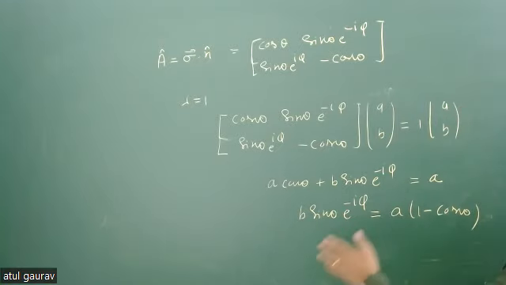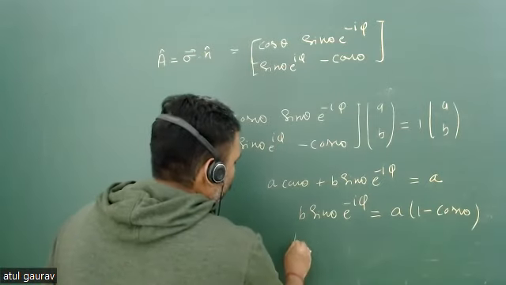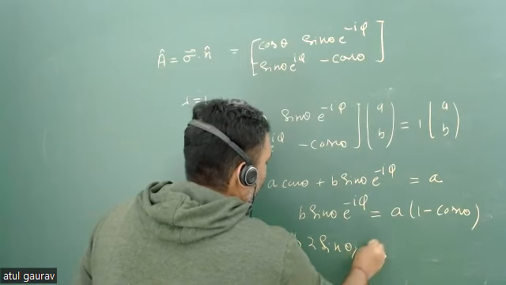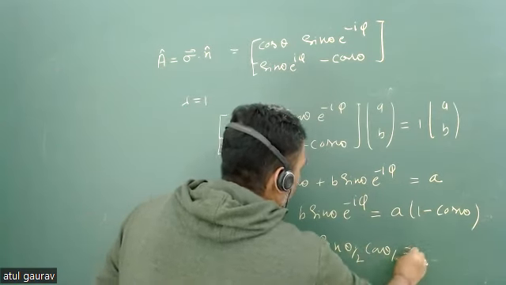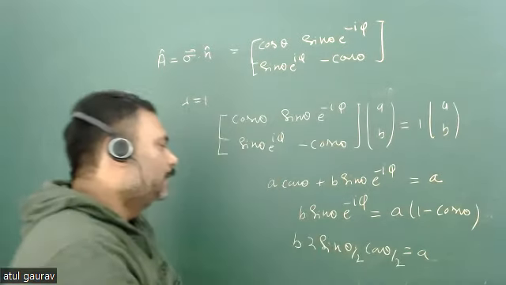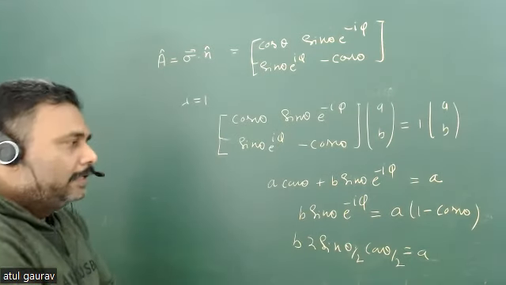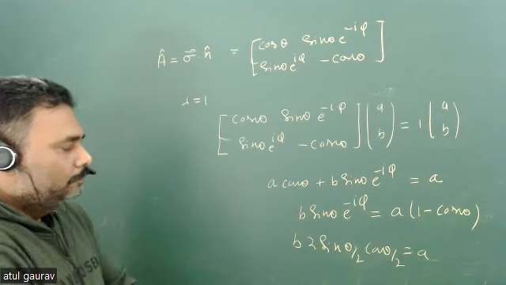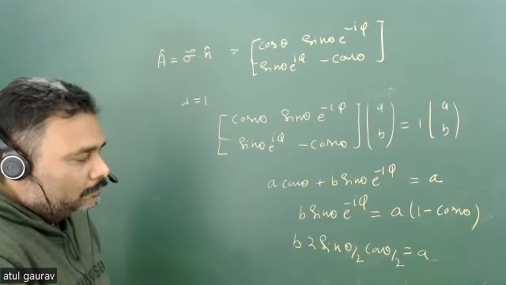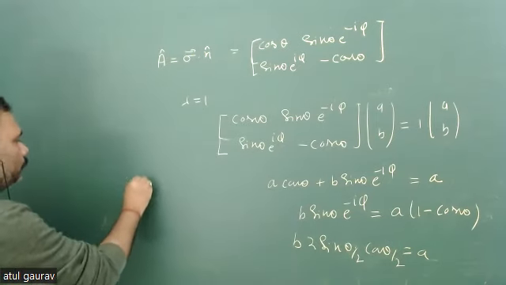We can write it in some better way. How can you write it? B times 2 sin theta by 2 cos theta by 2 is equal to A times 1 minus cos theta. Can we write 1 minus cos theta in terms of theta by 2? 2 sin square theta by 2, or cos square?